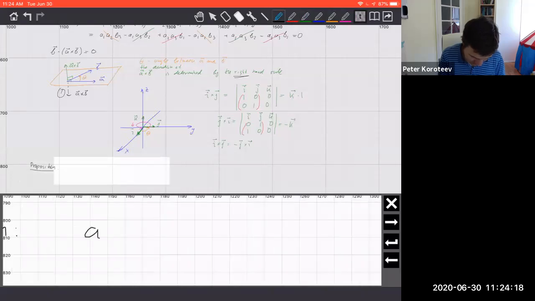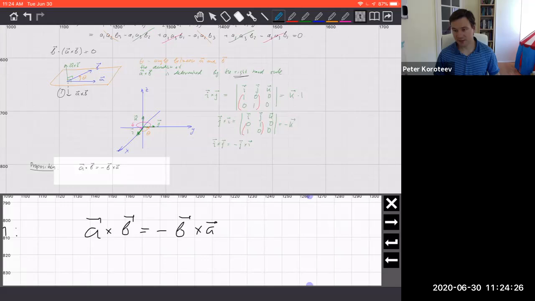So A cross B is equal to negative B cross A. Why is that? Can you explain? The question is why this is true.